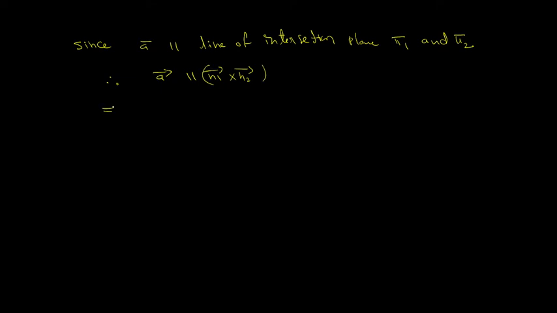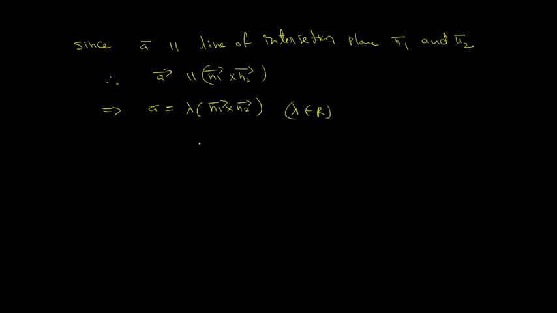That implies a bar equals, we can write, lambda into n1 bar cross n2 bar. When two vectors are parallel, one vector equals some scalar times the other vector. So therefore a bar equals this.